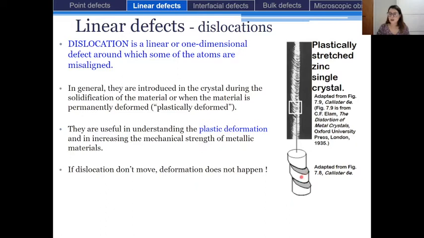Okay, so this is due to the fact that dislocations have been created, and visually we can observe this plastic deformation and this creation of dislocations. So in the lesson dedicated to mechanical properties, we will come back to this subject.